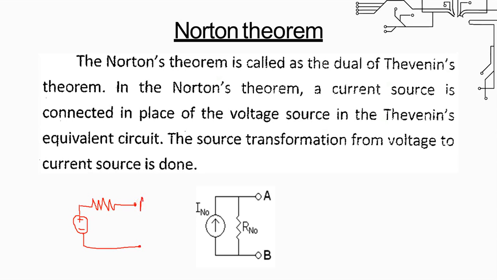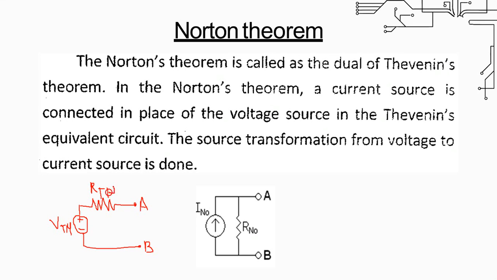So here on the left side I have drawn the Thevenin's equivalent circuit. In Thevenin's equivalent circuit, this was VTH, that is a voltage source, and this was your RTH, that is the series resistance or Thevenin's equivalent resistance.